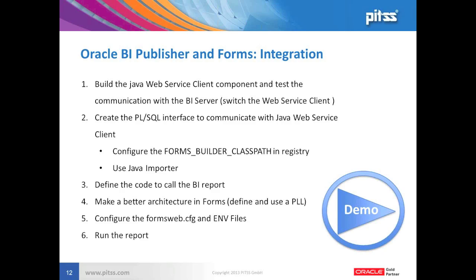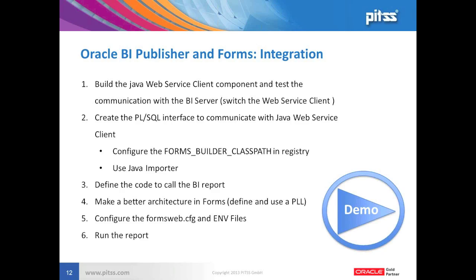In the next step, we will show you how you can establish the communication with the Java web service client. We'll configure the registry and the Forms Builder class path, and we'll use the Java importer to generate the necessary packages.